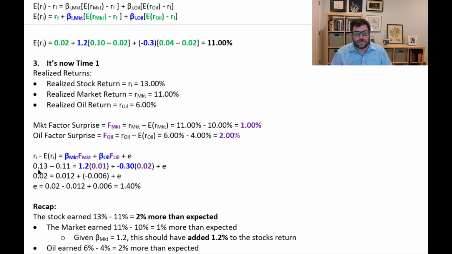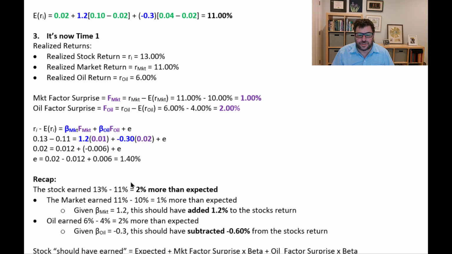And so I can conclude that the 2% surprise in the return of the stock is attributable to a 1.2% market effect and a negative 0.6% oil effect, and so therefore I take the 2 minus the 1.2 plus the 0.6 and I get 1.4 as everything else.